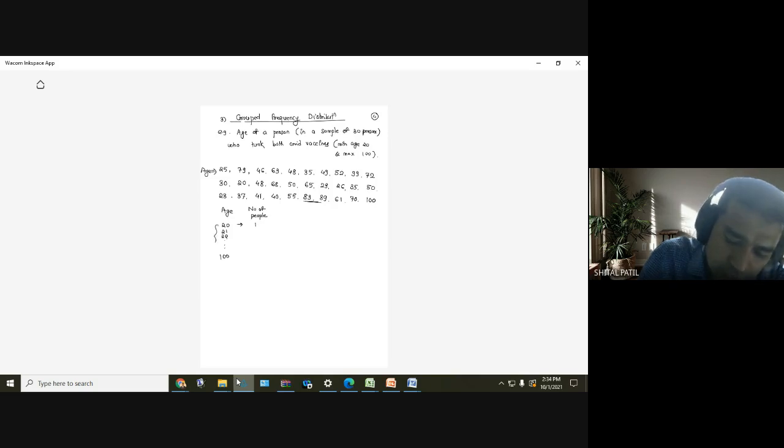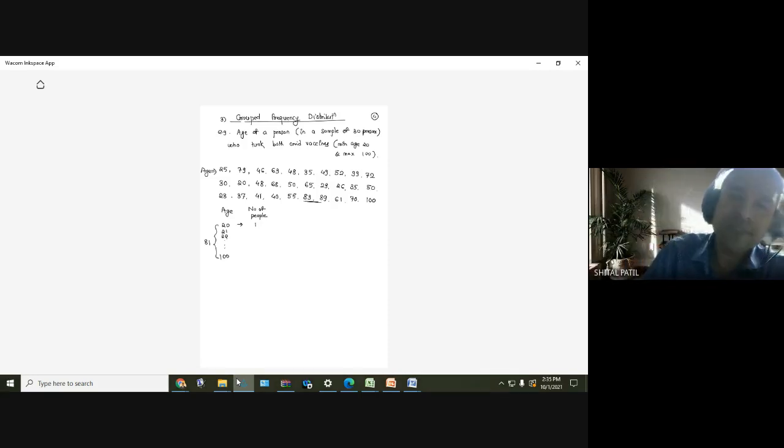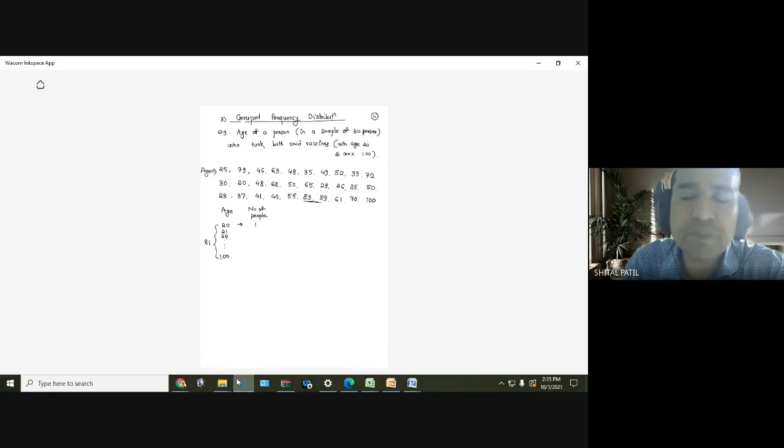So how many elements will be there? 81. And it will be very difficult to find a conclusion from these 81 rows. Again we are considering 30 persons only. We may consider 3,000 people, 3 lakh people. If we write them in this way, it is very difficult to find any conclusion.